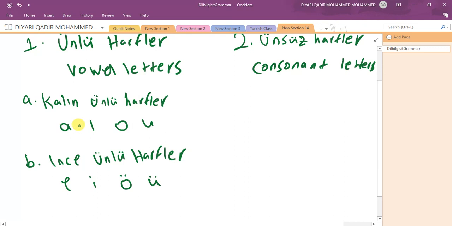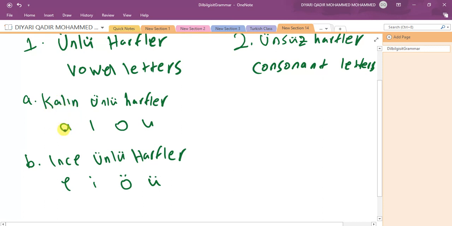So basically, kalın means thick letters, and ince means soft letters, soft vowels. We can say this is the men's words, which are a little bit thick.